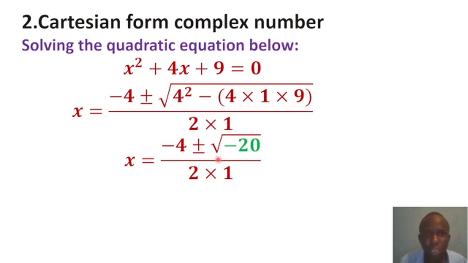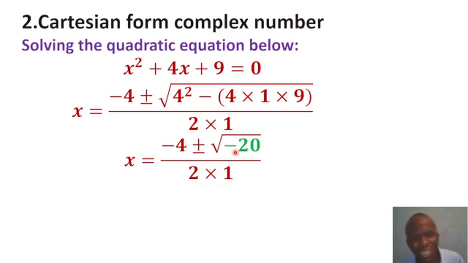What is this? We have the square root of negative 20. Now, whatever is inside this square root sign is known as a discriminant. For the solution to be real, the discriminant must be greater than 0.